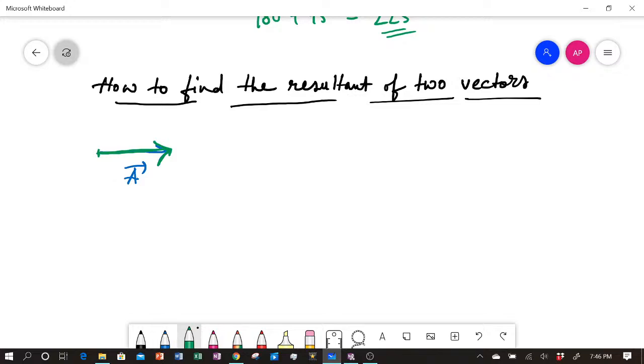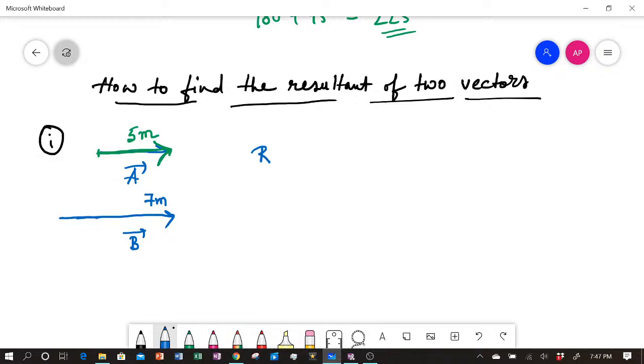Okay, now if the magnitude of vector A is 5 meter and the magnitude of another vector, suppose B vector, is 7 meter. Okay, if it is case 1, very easy thing. Now the magnitude of vector B is 7 meter, then what would be the magnitude of the resultant vector?